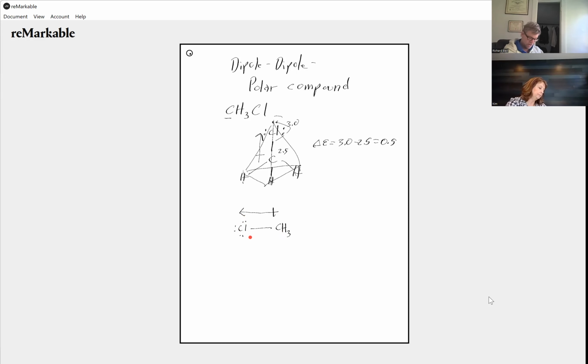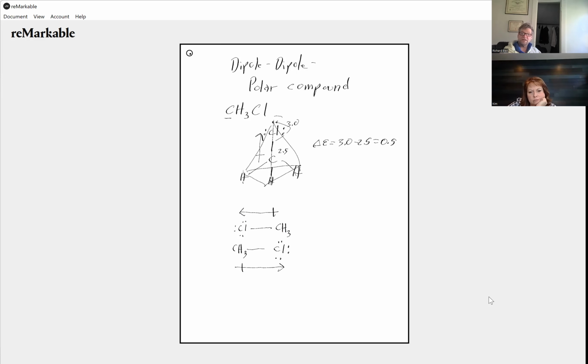The partial negative chlorine will want to be close to the partial positive methyl group, which puts the partial positive methyl group close to this carbon.